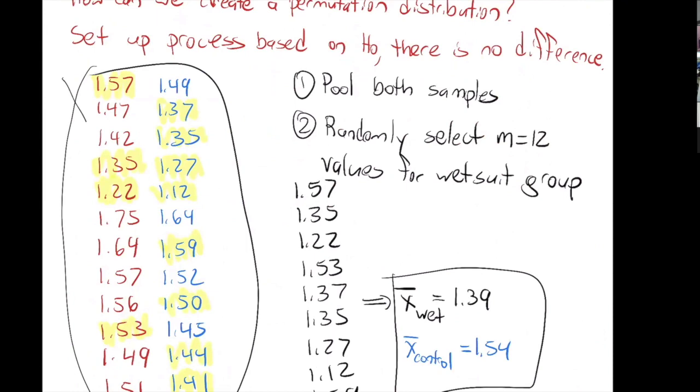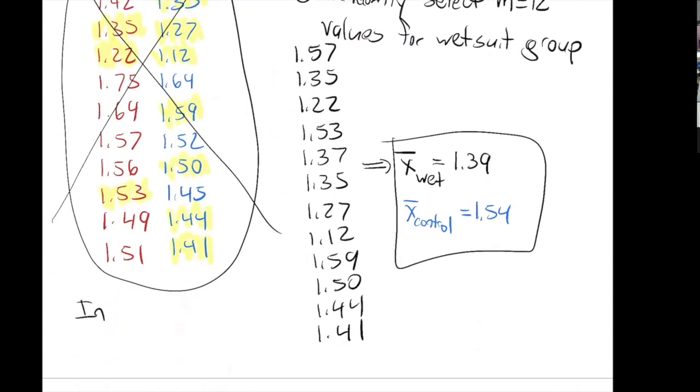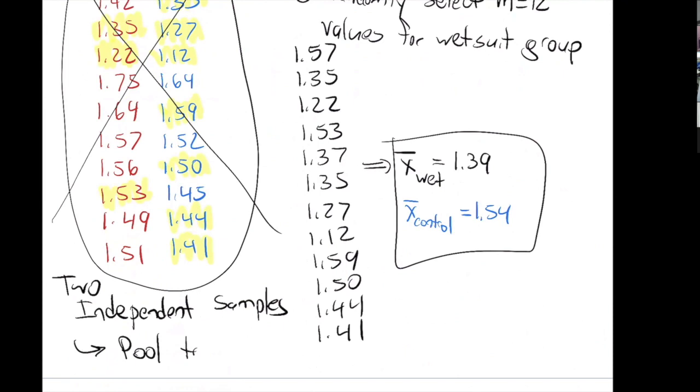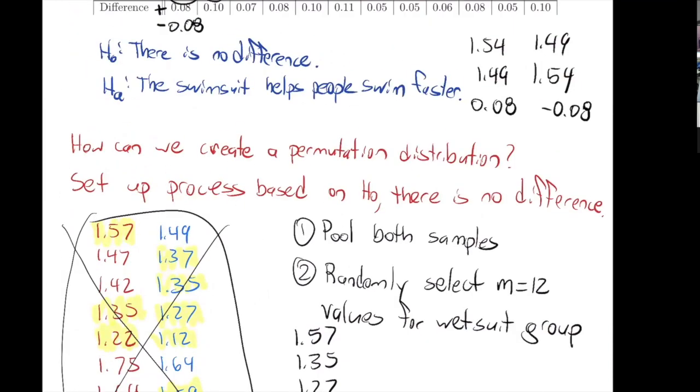So this whole process works when we have independent samples. When we have 2 independent samples, then this permutation process works by pooling them together. This is a case of matched pairs over here.